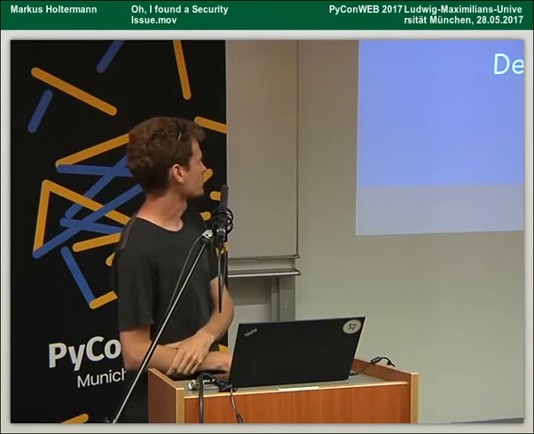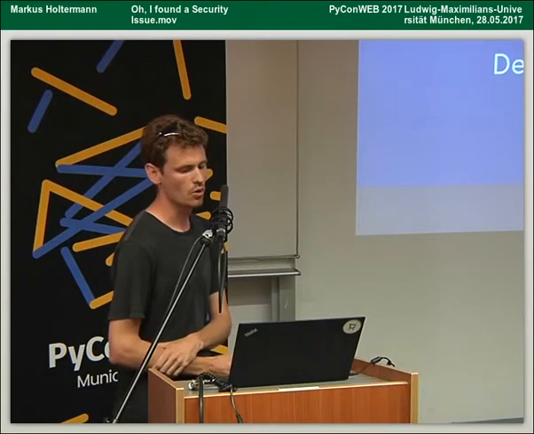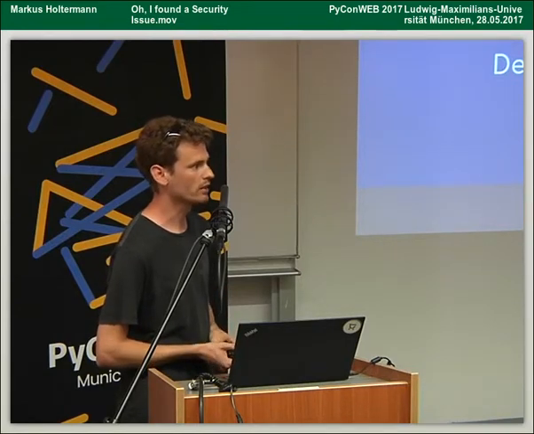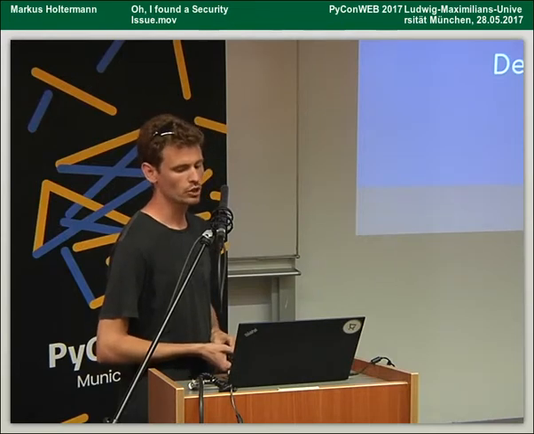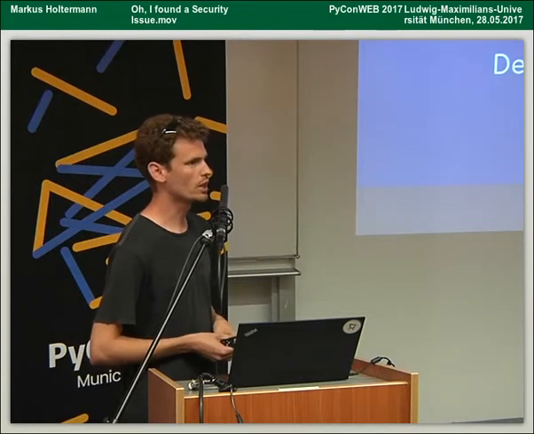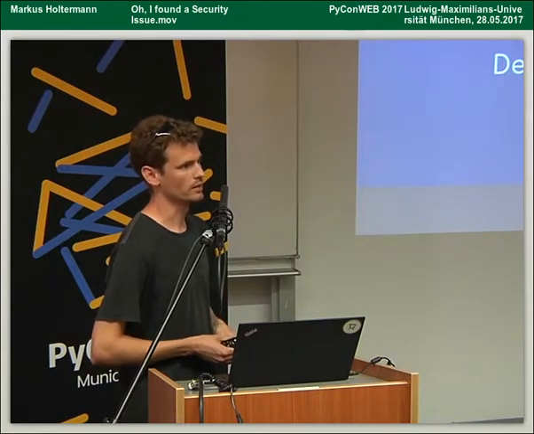Denial of service attacks. We had quite a few of those, and one of them was in the Python XML libraries, which led to a package called defusedxml, which you should install if you are using XML anywhere, because as far as I know, this issue isn't fixed in Python itself.